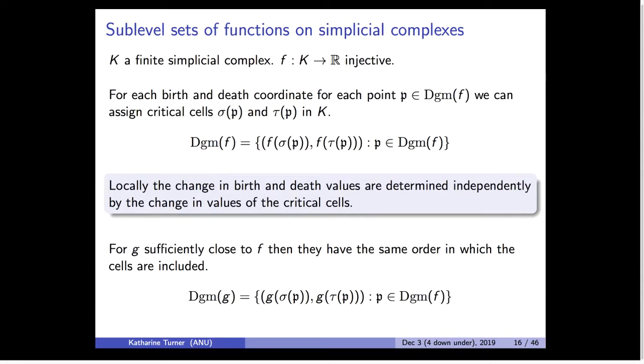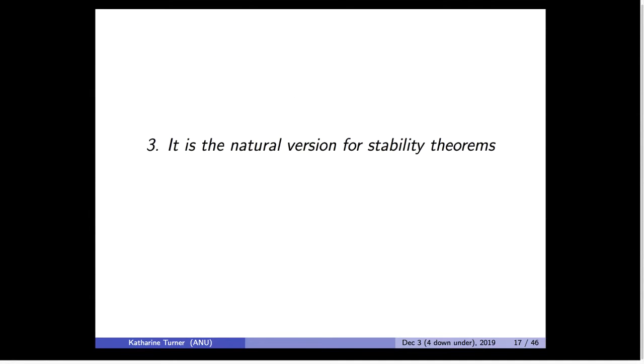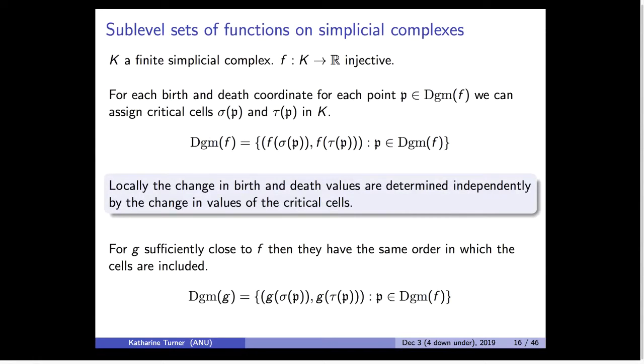So if I'm wanting to describe how things are changing, to take the distance between these two different diagrams, I want to describe it by both those changes: the function value on sigma and the function value on tau. I don't want to just take the maximum of the two; I want to consider both of them.